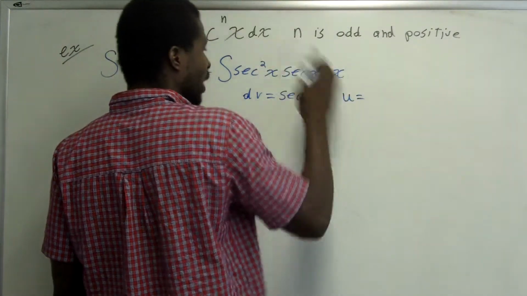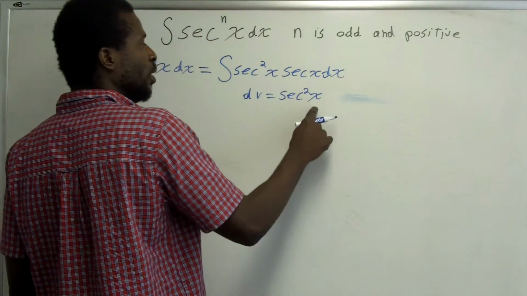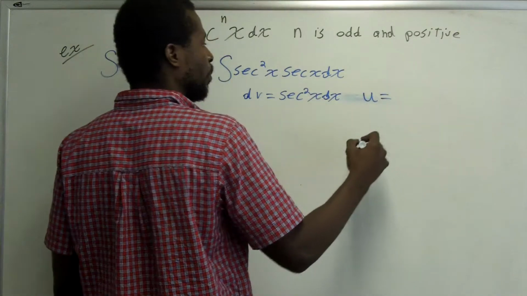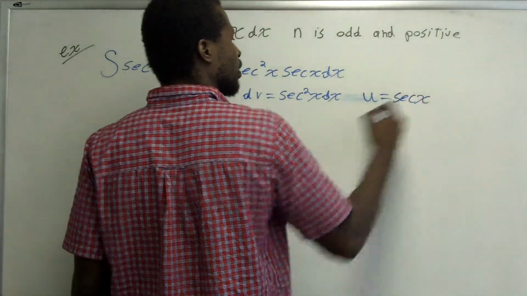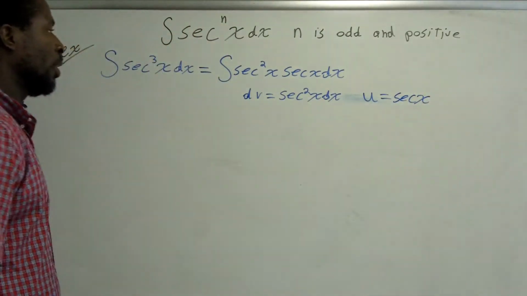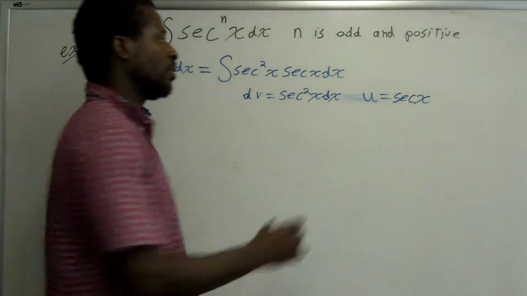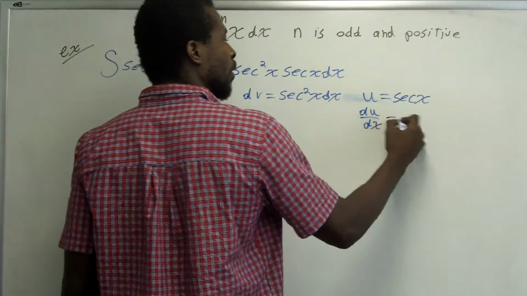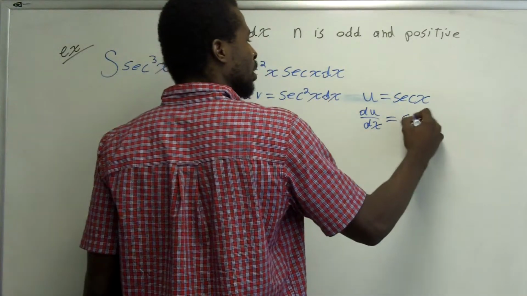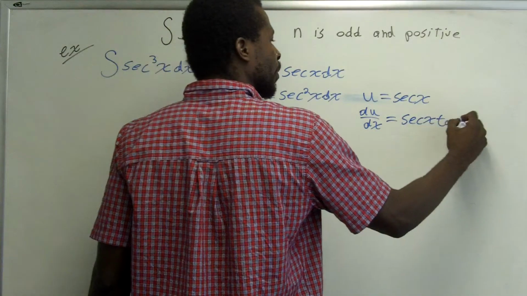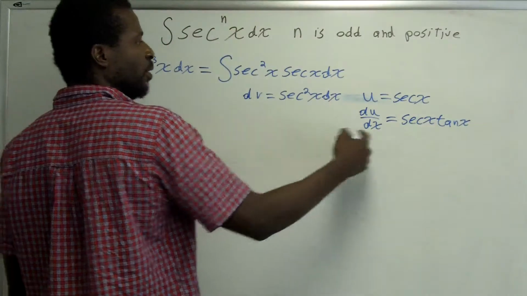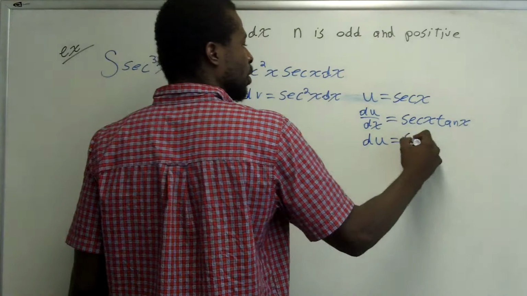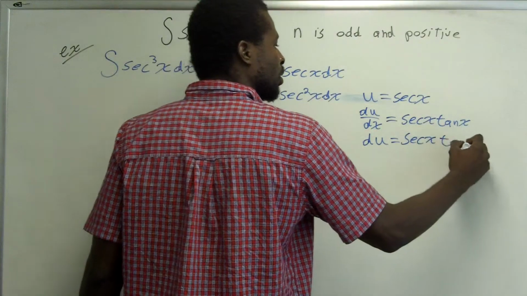Actually, dv would have to be the secant squared of x dx, and then the choice of u would be the secant of x. And there we can take the derivative of that to get du dx, the derivative of u with respect to x. Well, the derivative of the secant of x is the secant x tangent x, and when you multiply both sides by dx, you get that du is equal to the secant x tangent x dx.